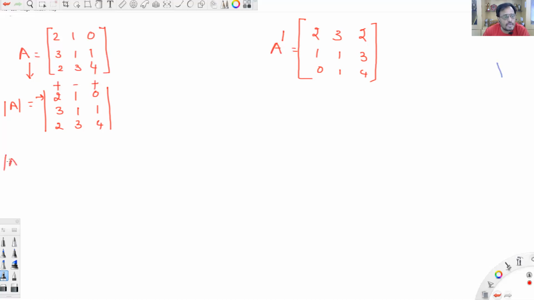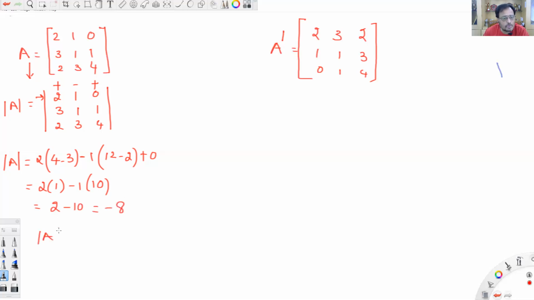So determinant of A is equal to 2 into (4 minus 3), minus 1 into (12 minus 2), and lastly plus 0 into anything is 0. Therefore 2 into 1, minus 1 into 10, so 2 minus 10 will become minus 8. So the determinant of A is equal to minus 8.